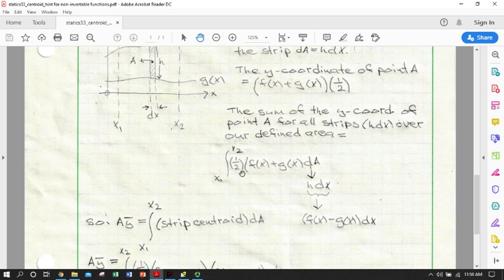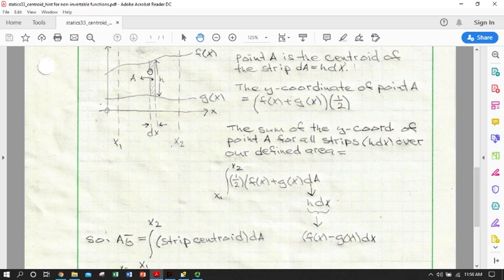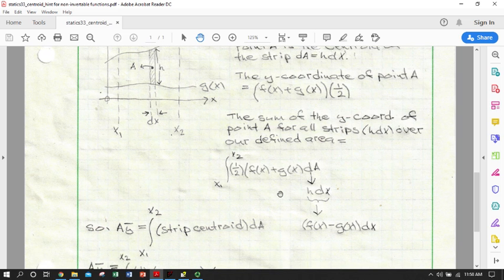We're going to sum it by area. So we're going to get what's effectively an area average of the y-coordinate of point A for every one of these strips. So we can define that as the integral over any dA of the y-coordinate of the strip centroid times the area, added up over all the strips from x1 to x2.